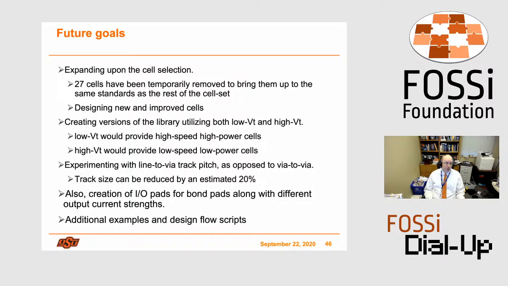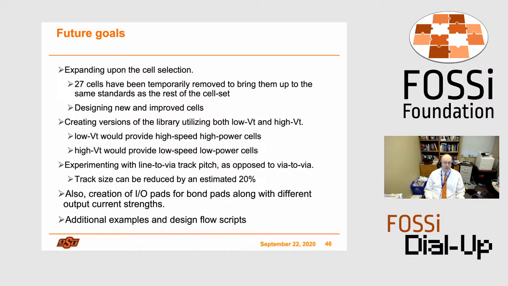We also have future goals, and we hope to expand the cell set. We have 27 cells that we have removed for right now, but we're going to add them back. We're designing new and improved cells. We want to have low VT and high VT cells in there. The low VT is for high speed and high power, but the high VT is for low speed, low power.